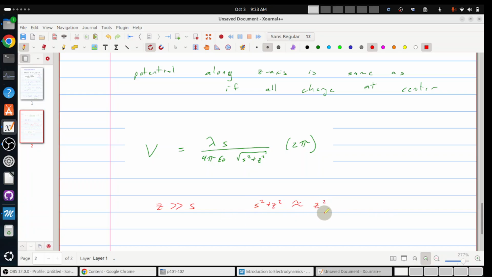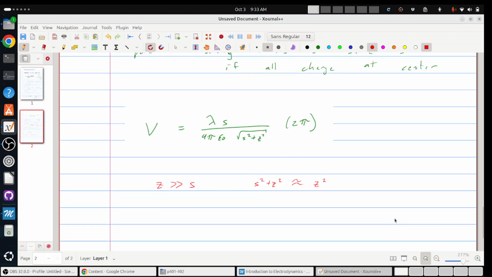The S squared part doesn't do much. So again, my potential would be lambda 2 pi S over 4 pi epsilon naught, the square root of Z squared.